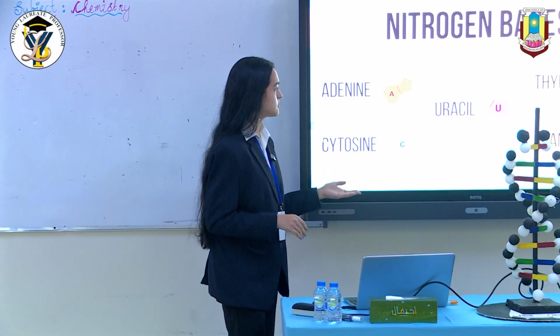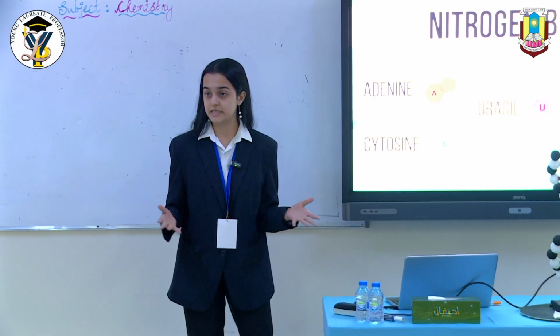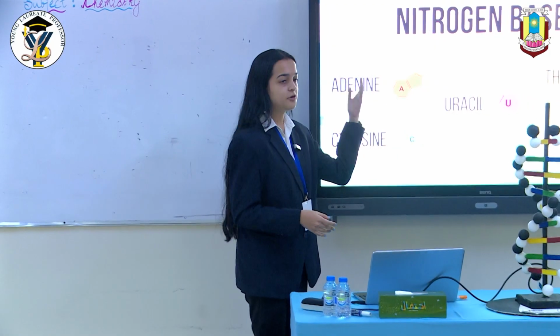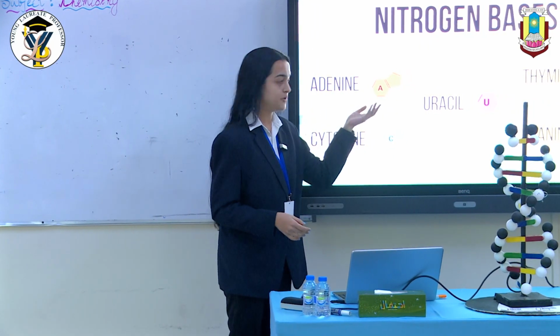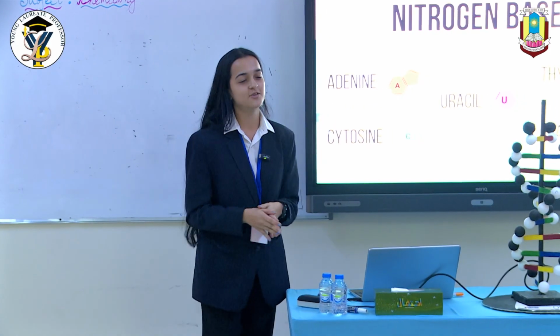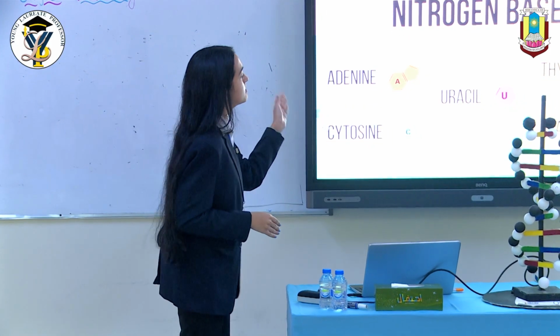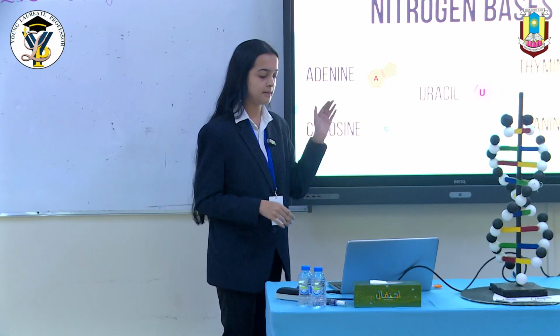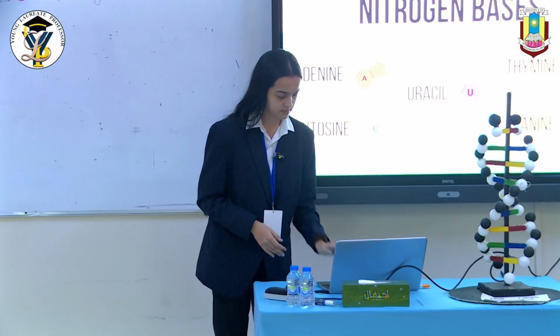The basic difference between purine and pyrimidine nitrogen bases is that purines have two rings, whereas pyrimidines have only one ring. So that is the major difference between the pyrimidine and the purine rings.